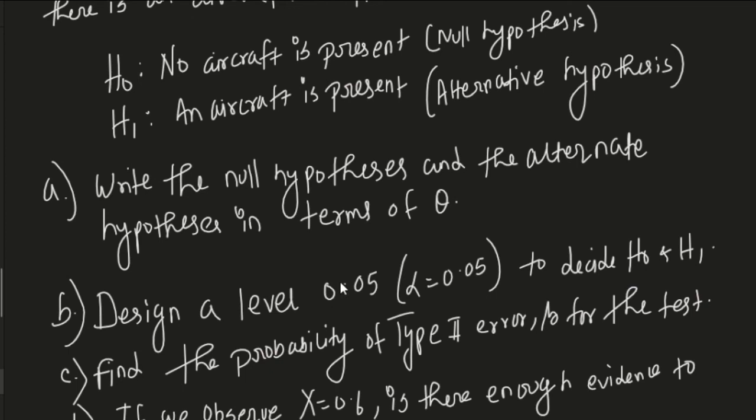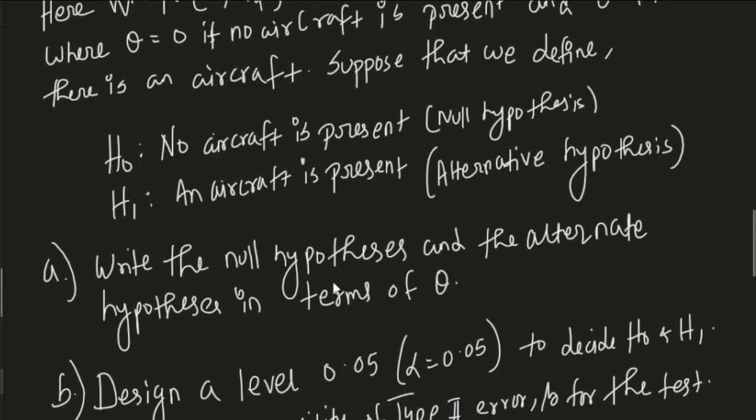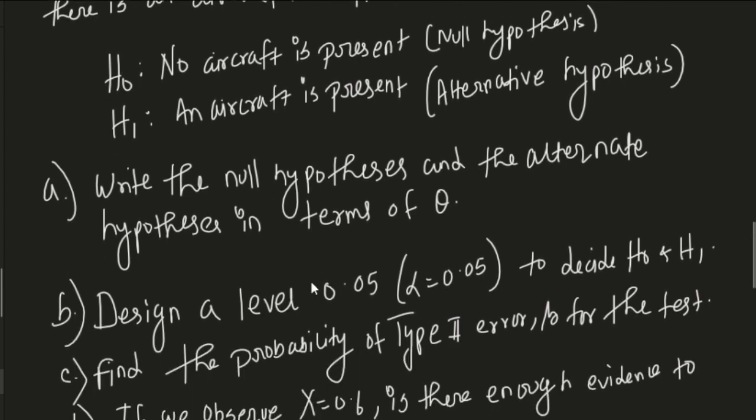So when we say a 0.05 test, what we actually mean is we are trying to make a test which can help us decide between what is true, H0 or H1, what to accept and what to reject, and the level of significance should be 0.05, which should be our helping hand.